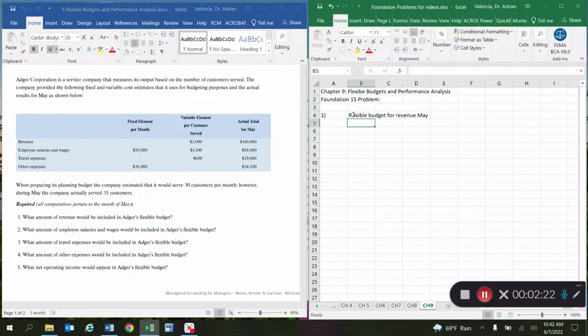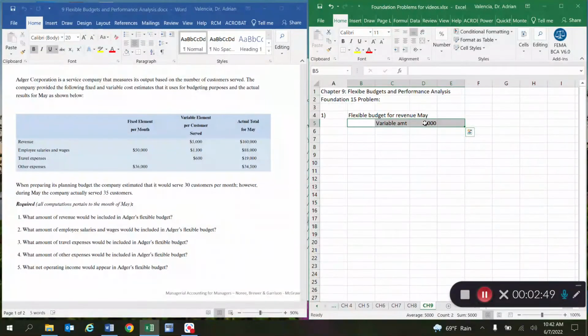Okay, so we have that the variable amount was $5,000 is what they told us. So let me put this right here. And then our actual activity, since this is a flexible budget, we're still going to use the unit amount based on the estimate, but then the flexible budget would reflect the actual results.